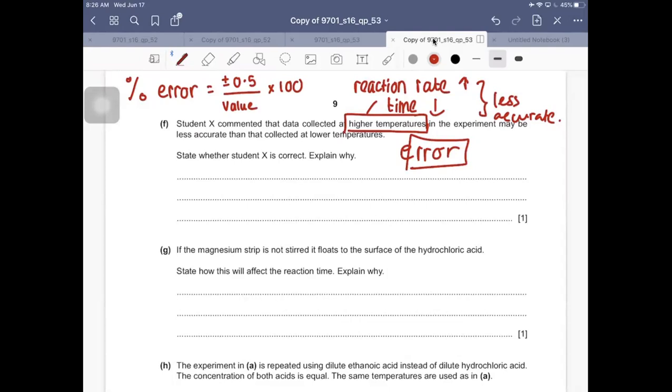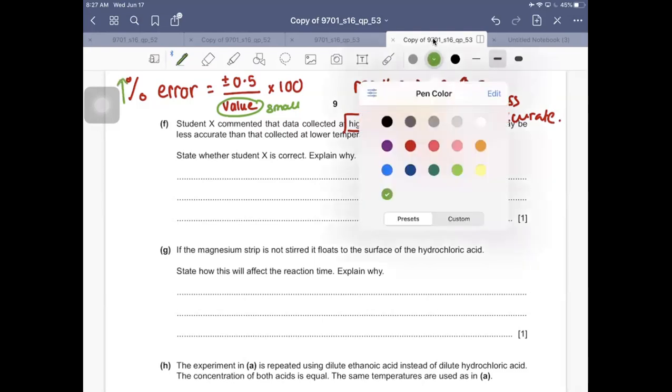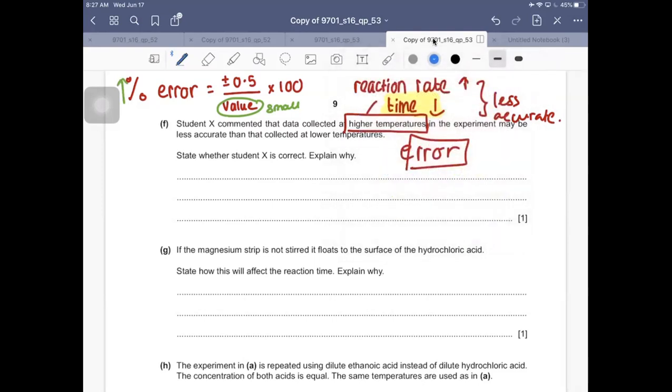Now, I said time will decrease, so the value for time is small, and the value of time is on the denominator. That means if the bottom part of the fraction is small, the percentage error will increase. So we say that this student is correct.